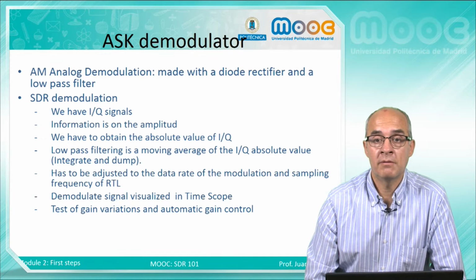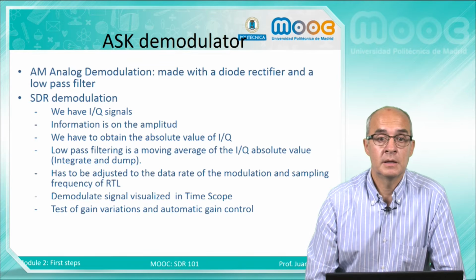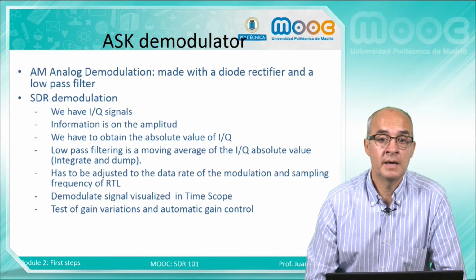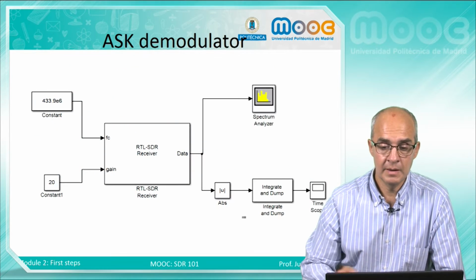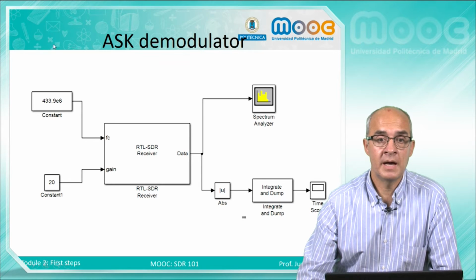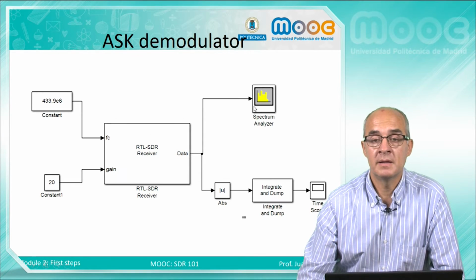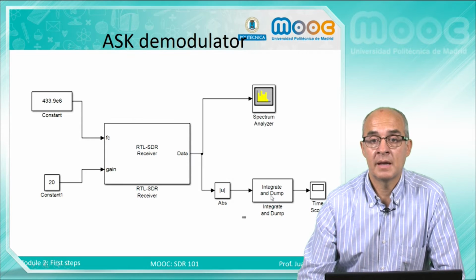We'll see the frequency spectrum and the time scope module to see the data, and we'll test different gains and automatic gain control. This is the complete block diagram. We have the same blocks as before from the frequency and time example, but now we have added the absolute value and the integrate and dump blocks.